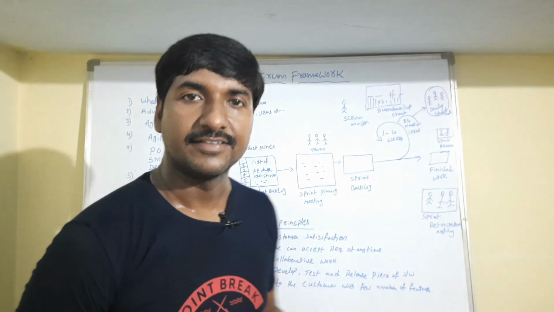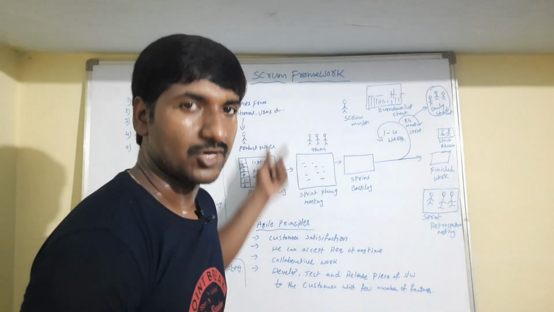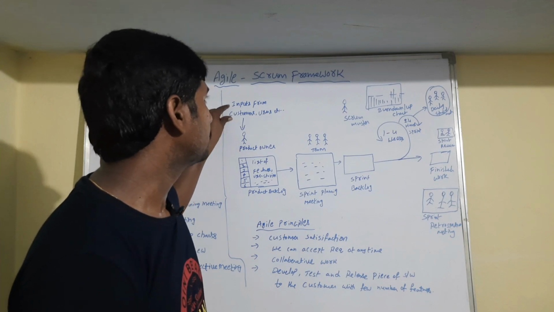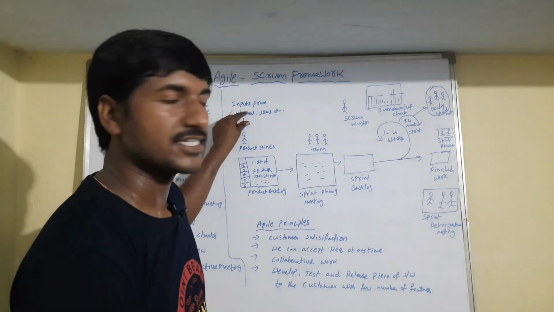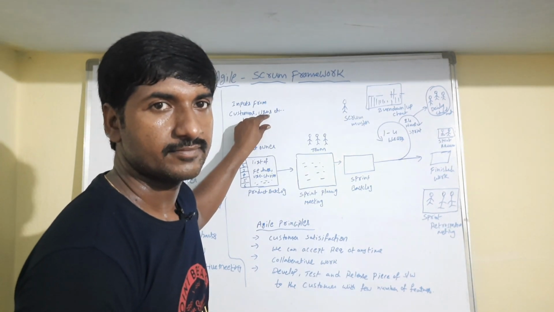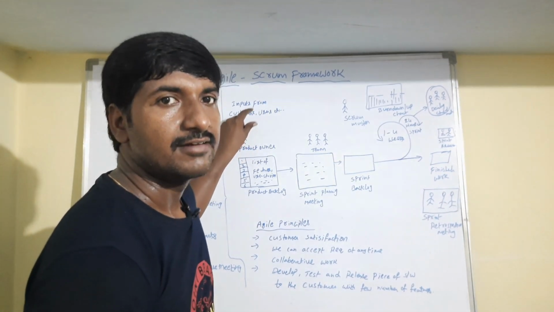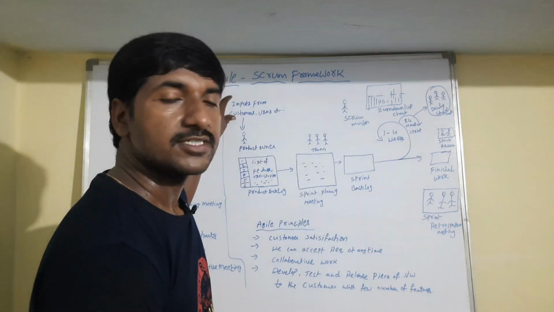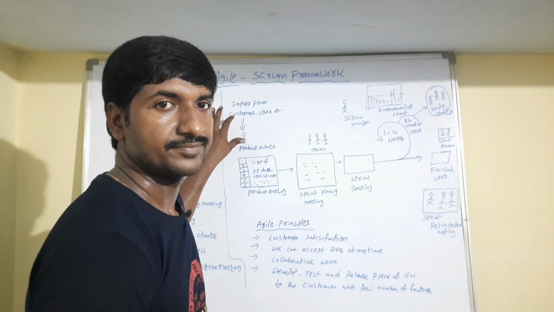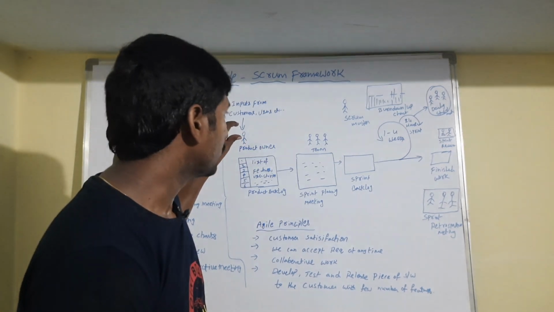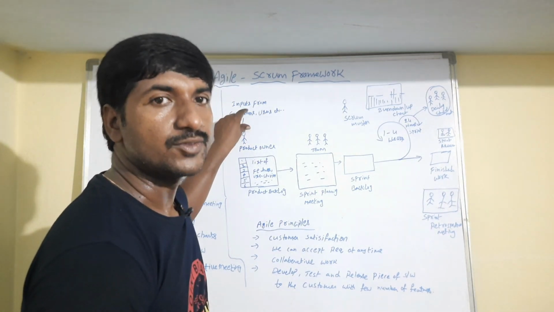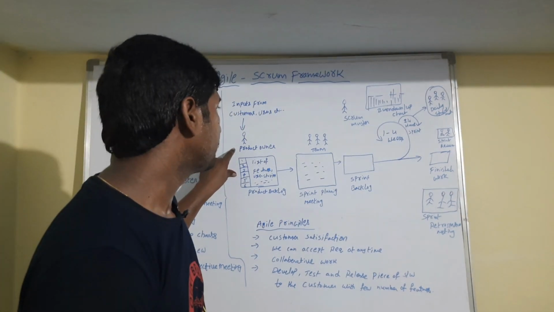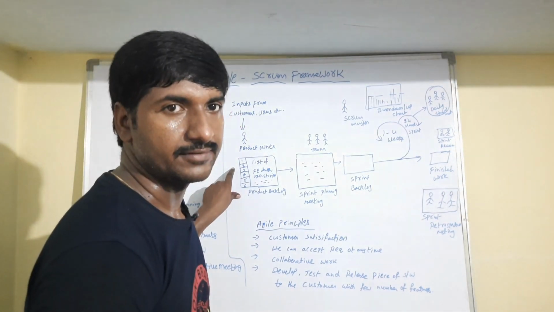Now let us see the agile project methodology process. First, the product owner will take the inputs from the stakeholders, customers, or end users. He will collect the user stories or features from them. So the product owner's responsibility is to gather the requirements, and he will prepare one product backlog.